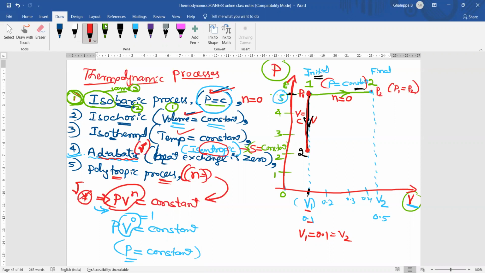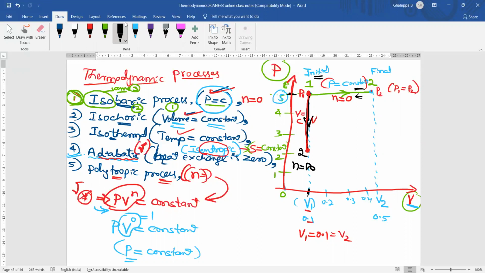And the next point is the n value. What is the n value for this isochoric process? n is equal to infinity. You start from 0: 0, 1, 2, 3, 4, 5, 6, and so on, and the last number is infinity.